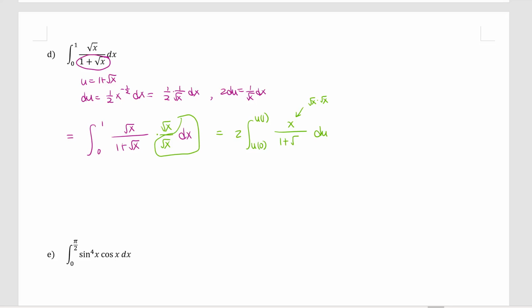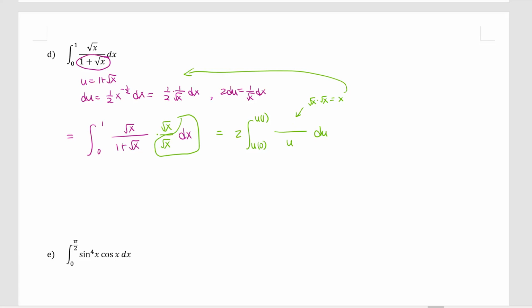At the bottom we have 1 over square root of x. Okay, that's not good because this is a mixture of u and x, okay? So we're gonna change this. What's 1 plus square root of x? Well, that's u. And what is x? So square root of x times square root of x is x. But how do we find x?